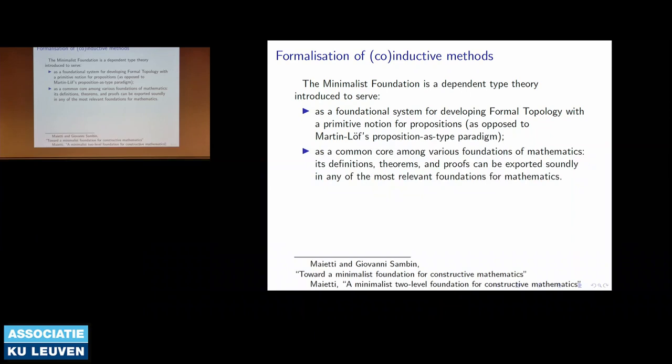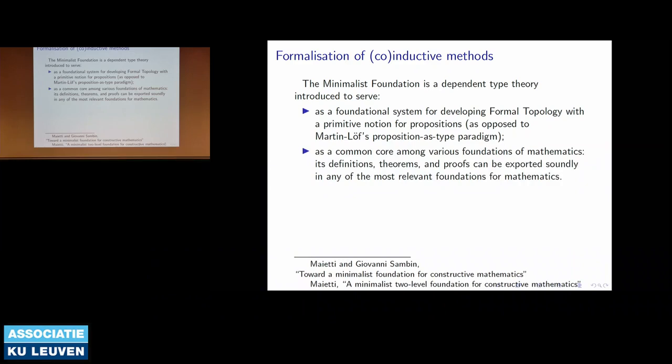While in the minimalist foundation, you can think of it as a version of Martin-Löf type theory in which you have a primitive notion of proposition. You can do formal topology as well with less proof theoretic power.